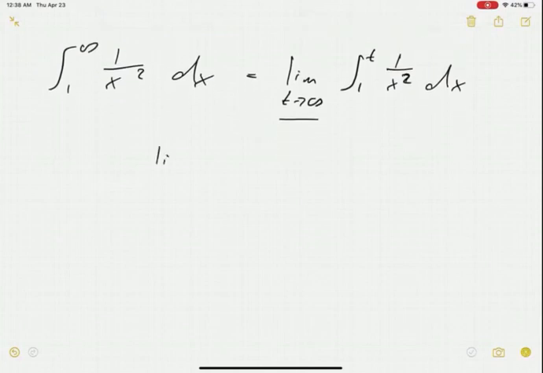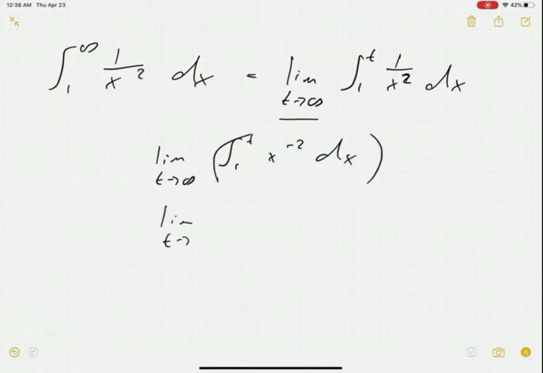Then we're evaluating the integral inside the limit. Integral of 1 over x squared. Well, 1 over x squared is x to the -2 dx. This integral is this, right?